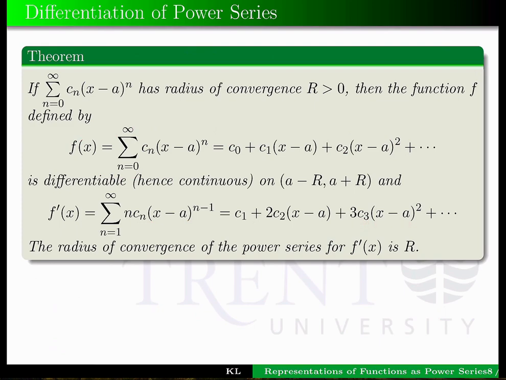So essentially, you will be able to get this particular form: n times Cn times x minus a raised to n minus 1. And since the 0 term is gone, your n starts from 1.